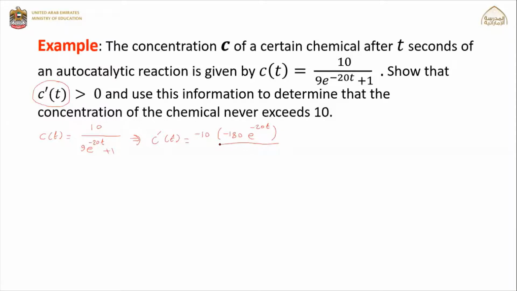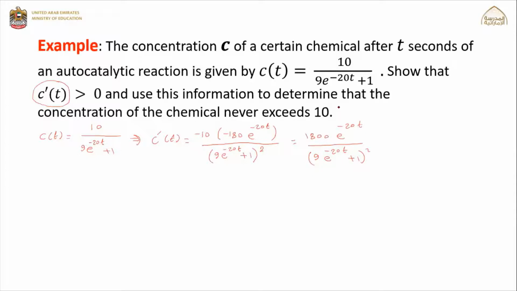All of this over the denominator squared, (9e^(-20t) + 1) squared, which equals minus 10 times minus 180, so 1,800 e to the power minus 20t over (9e^(-20t) + 1) squared.